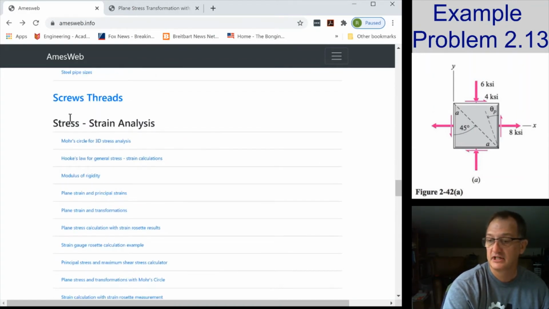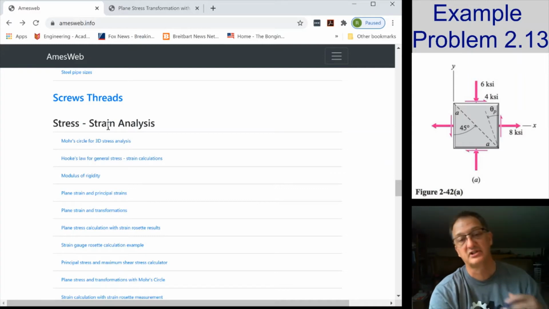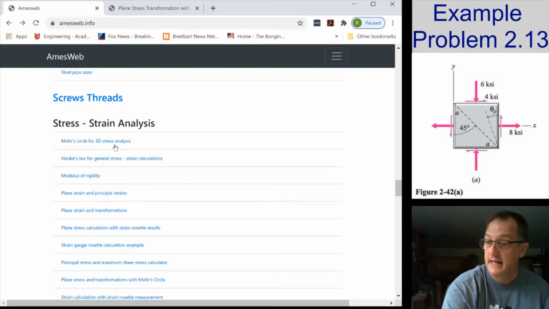They have a whole section on stress and strain analysis. So this is for chapter 2 and chapter 3 of Riley, what we're doing. And they have Mohr circle for 3D stress analysis.